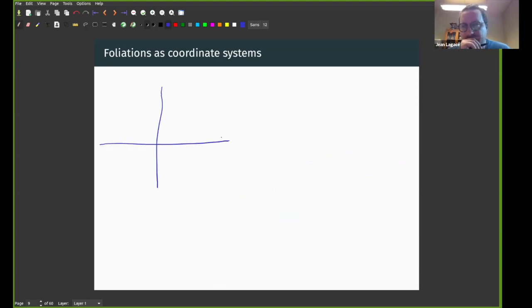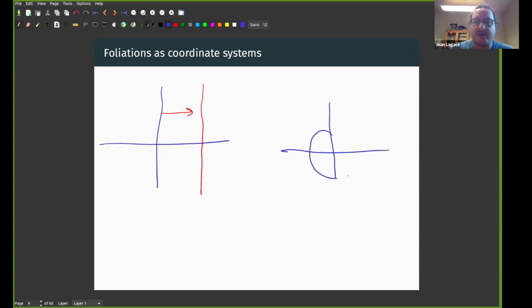You can view the Euclidean coordinate system as foliating R2 by vertical straight lines indexed by the x coordinate, or in general, you can view polar coordinates as foliating Euclidean space by a degenerate family.